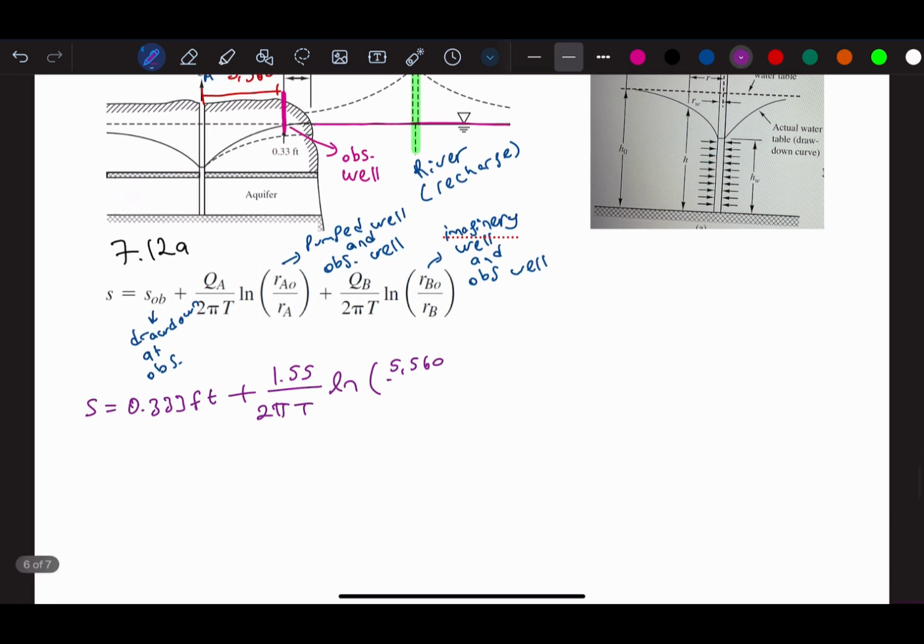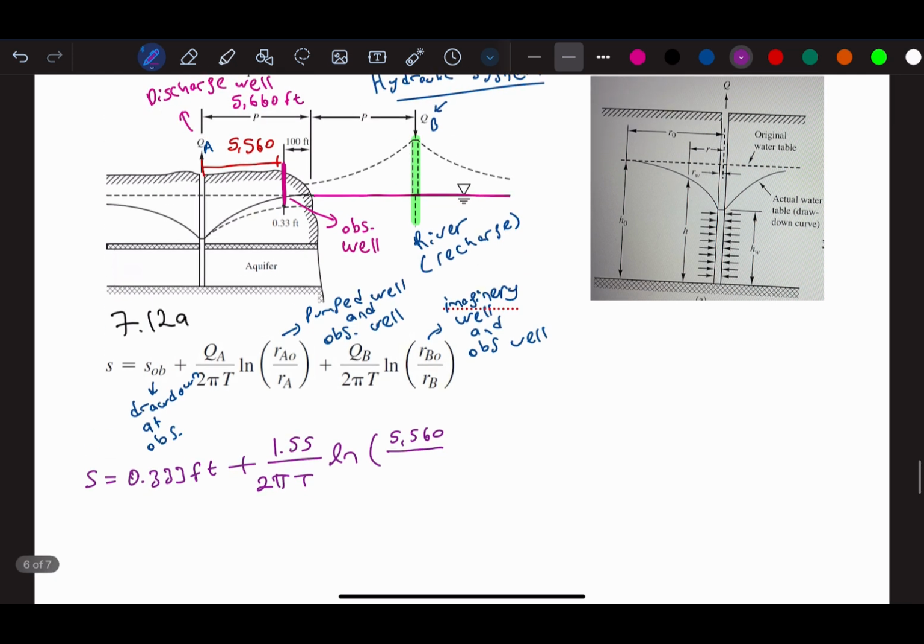Okay, but the RA, which is the distance from the discharge well and the point of interest, will be the same. And we have similar values for B. And let's see what we have.